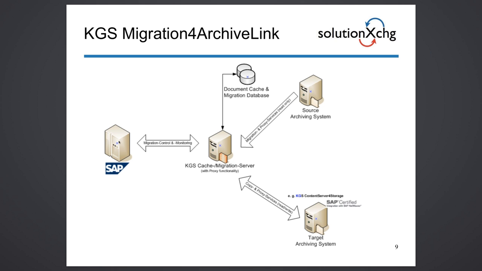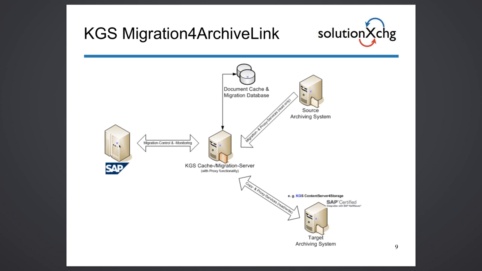The configuration on the cache migration server is twofold. You tell it where to find the old documents, which, once you insert the migration server, become static, with no documents added to your source archiving system, and where it should put the new documents.